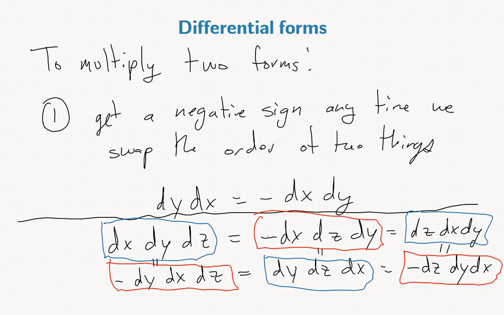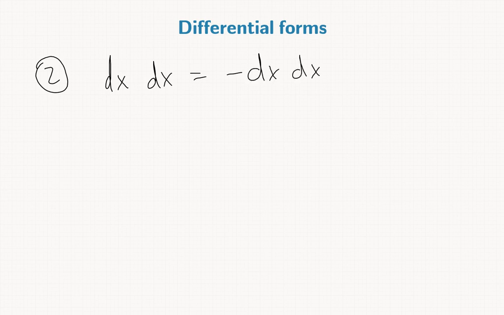So then the second thing is, well, this is really a corollary of the first rule, but dx times dx, well, if we swap the order, that would be negative dx times dx, but of course that's the same thing we had to begin with.